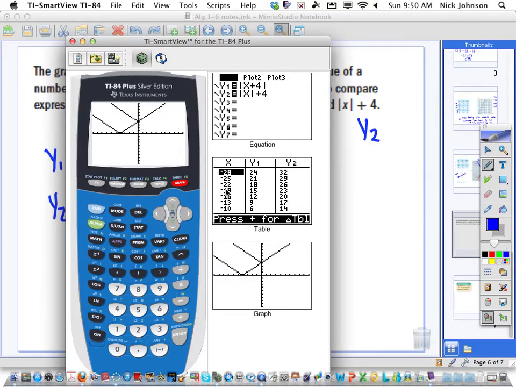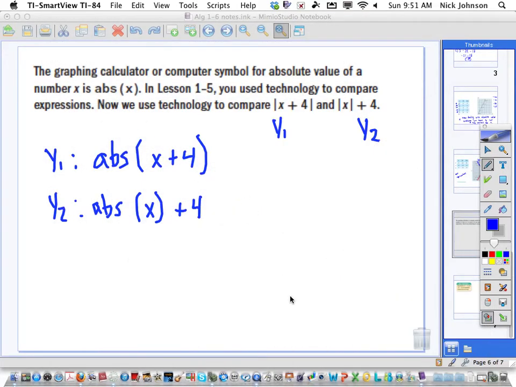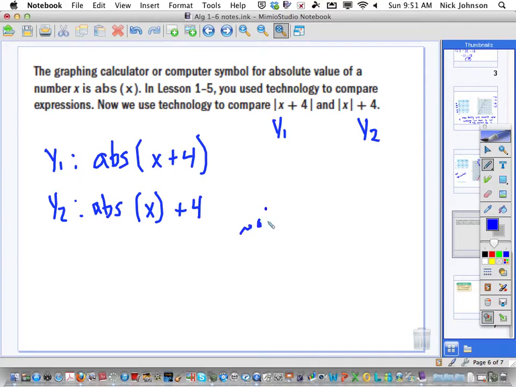So that's why you need to check your negative numbers to make sure that these aren't equivalent. So if you look right here, I got negative numbers right here, negative 19, negative 16, negative 13. And as you notice, your y1s and y2s are not the same. So these two expressions are not equivalent. Okay?